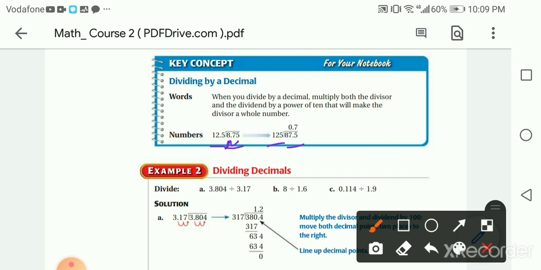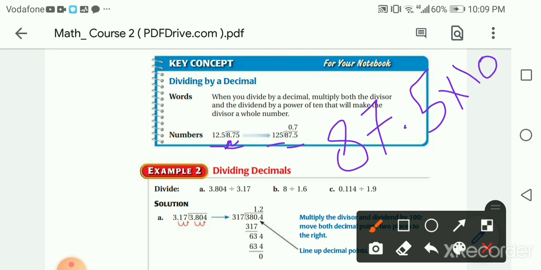Okay, again, I want to show you in a very nice way. So 8.75 times 10 gives me what, my dear students? Do you remember? Who can say?